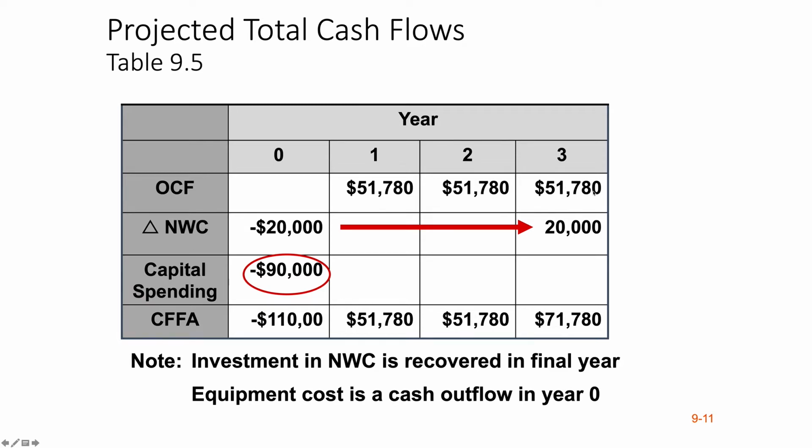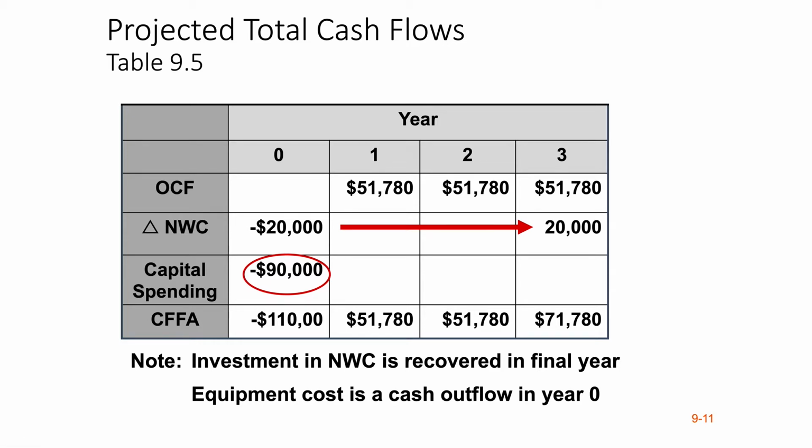But at the end of year three, you liquidate that project and you free that $20,000 tied up by the increase in your net working capital. So this recovery of the net working capital should be added back. It's almost like a cash inflow. Now you're freed from, let's say, inventory.